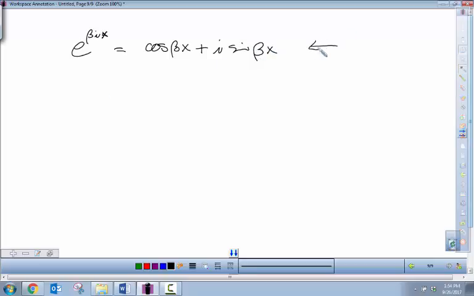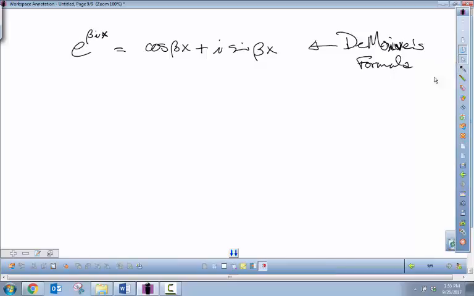Oh, maybe. Oh, the mobs is when you raise it to a power. Yeah. Why don't we move him down here?